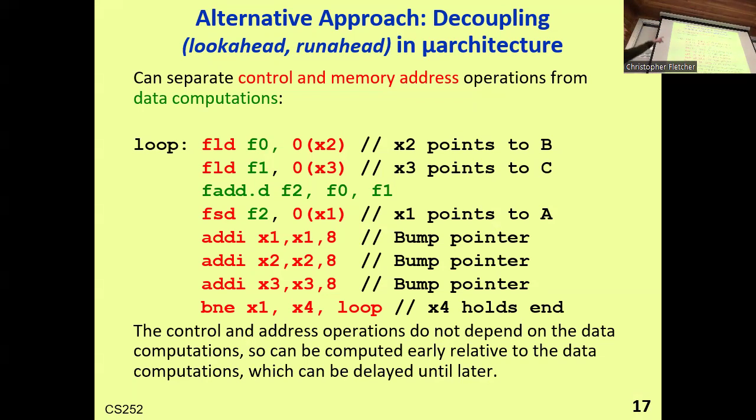I apologize for that. The point is that the registers colored blue-green are the registers responsible for the data path of this loop, and the bump pointer and branch operations are the instructions responsible for just incrementing through the loop, and they don't have any impact on the actual arithmetic that is happening.